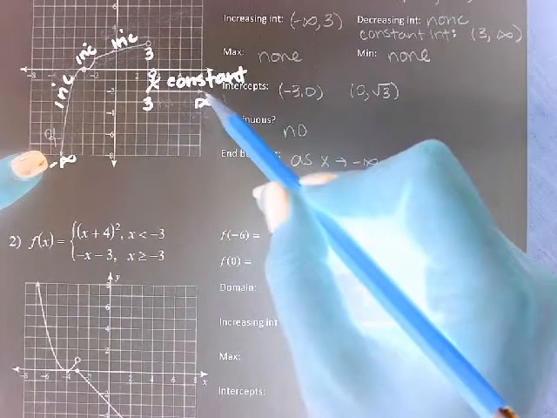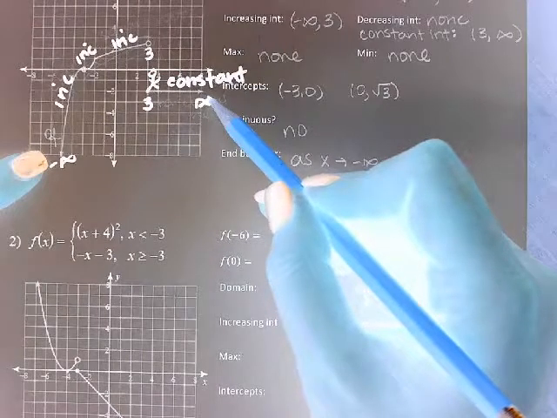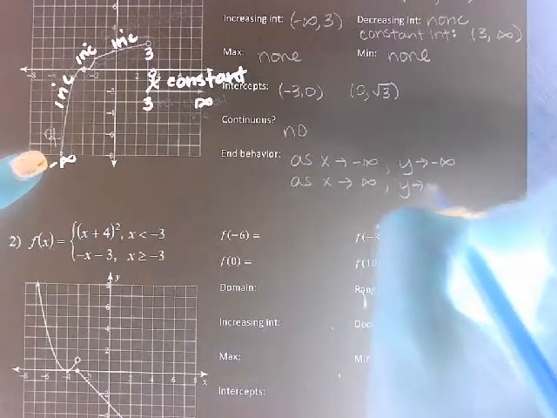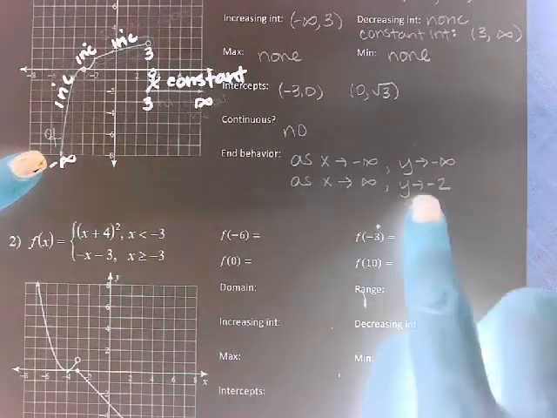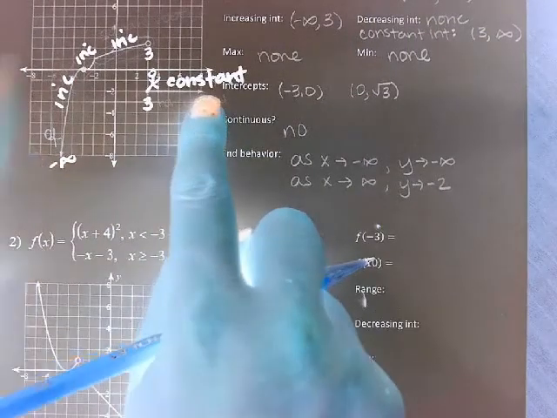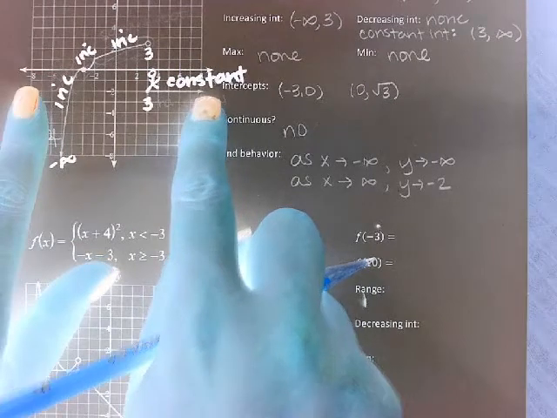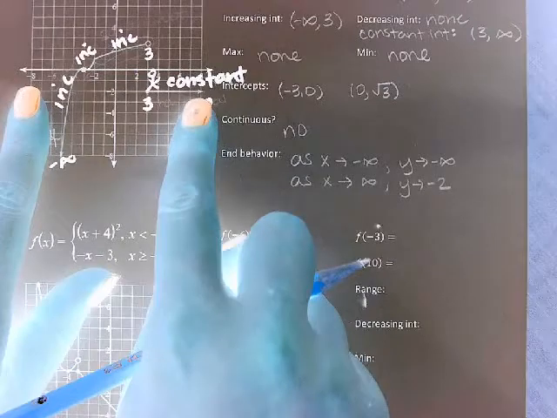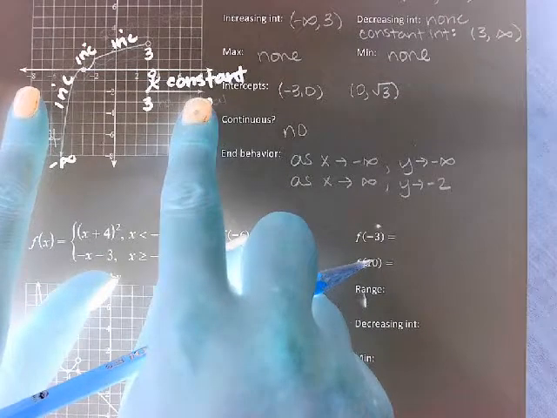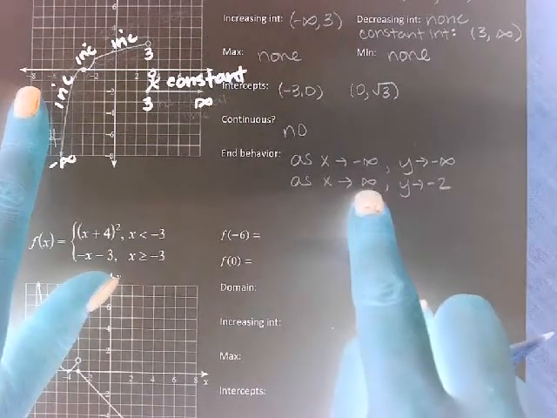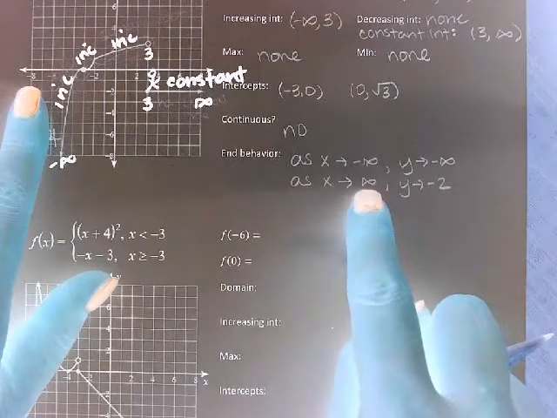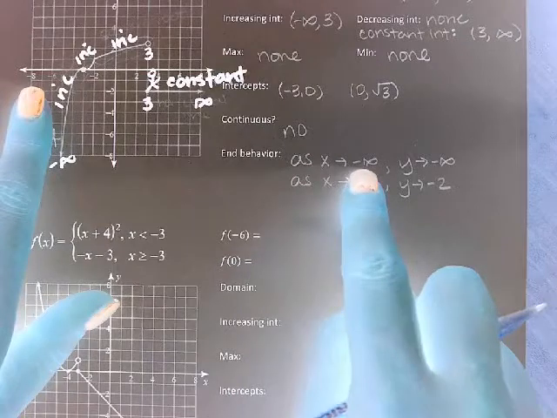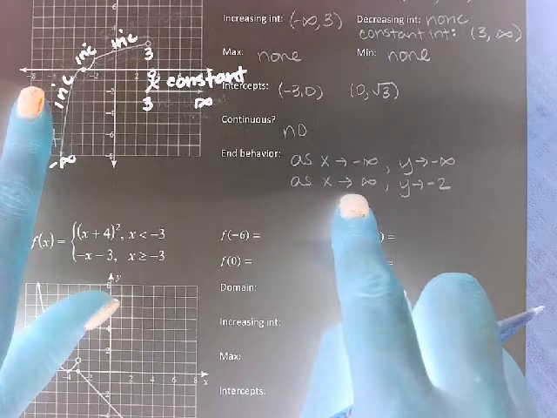What does it stay at? -2. It doesn't go up, it doesn't go down, it stays at -2. So this is the right side. The left side would be the left part of the grid, the right side is the right part of the grid. So when I say as x goes to -infinity, I really mean left side. When I say as x goes to +infinity, I really mean right side.